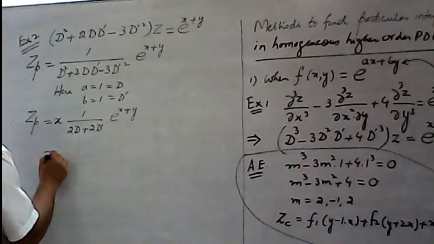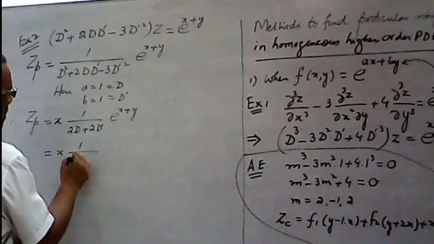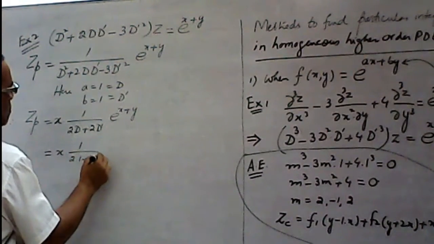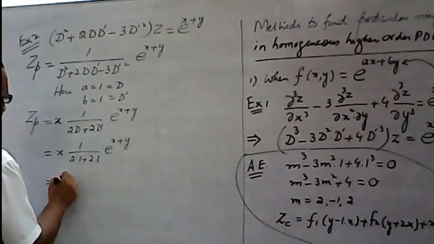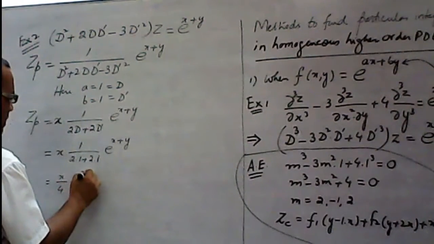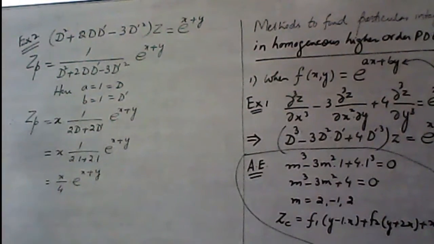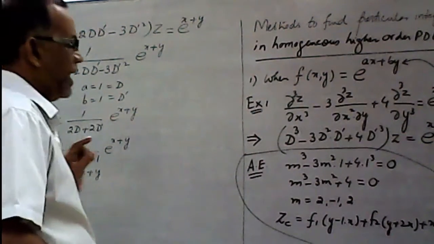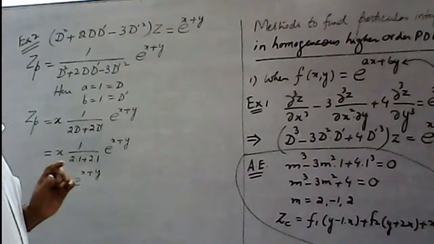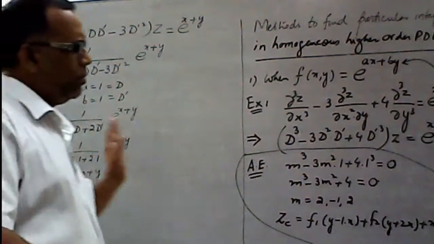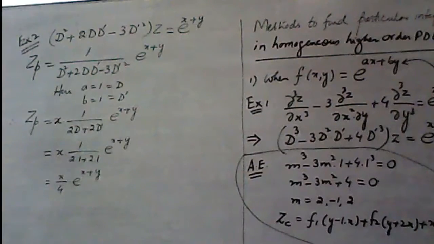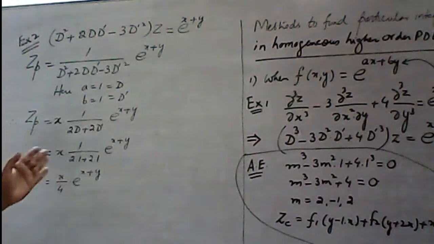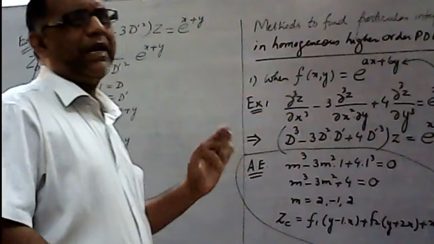So now again it's time to resubstitute the value. It means 1 upon 2 into 1 plus 2 into 1, e power x plus y. It means I have x upon 4 e power x plus y. So the same idea we have as in higher order ODE method 1. This is almost the same method 1 as we worked in higher order ODE. Almost 90% both methods have similarity.